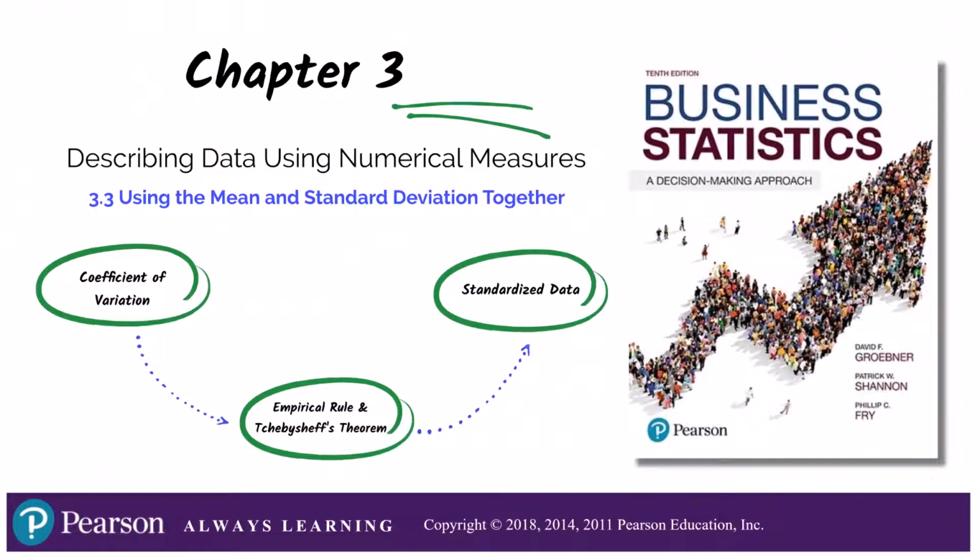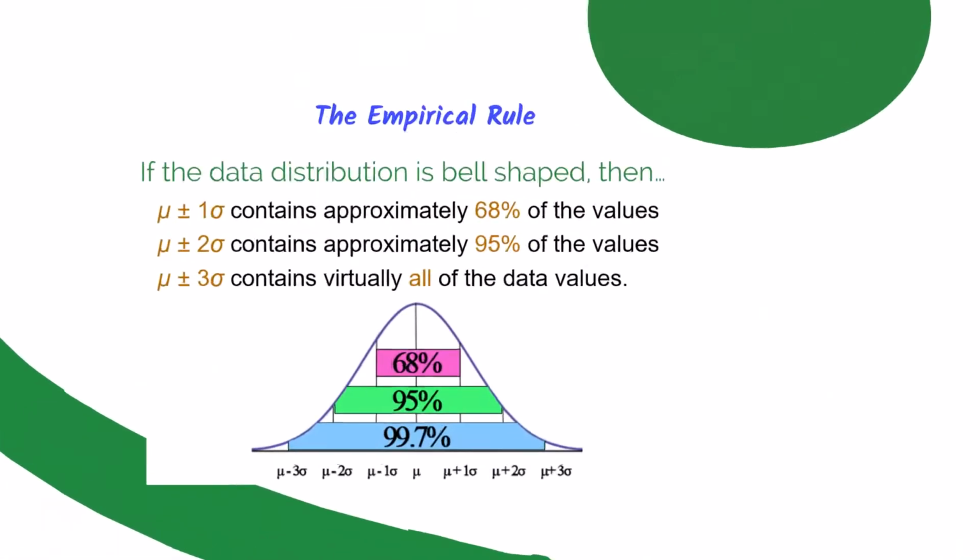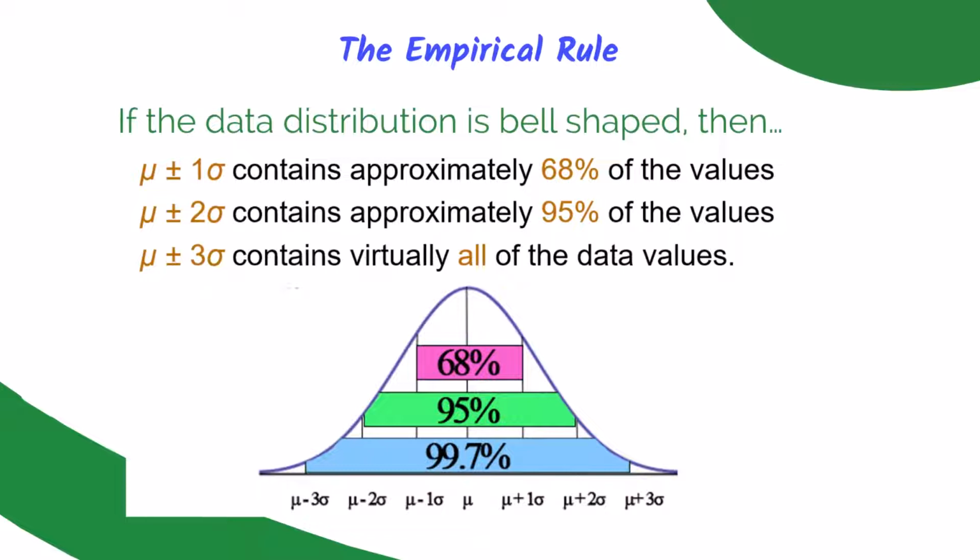So let's talk about the empirical rule and Chebyshev's theorem next. The empirical rule is another useful rule to understand our data when our frequency distribution is bell-shaped. So if you recall in chapter 2, when we were calculating frequency distributions, some of them were shaped symmetrically like a bell.